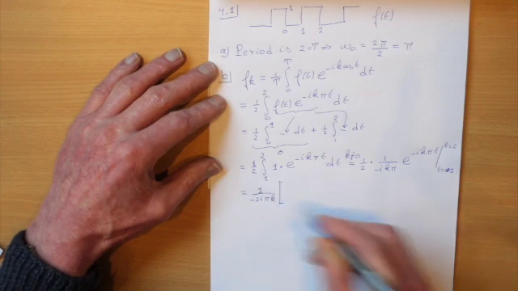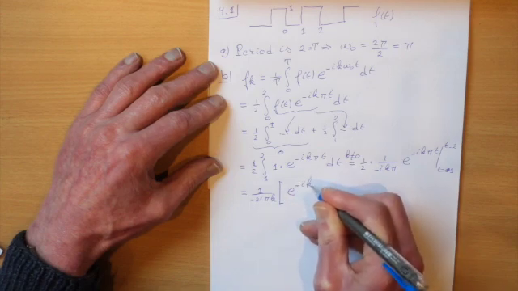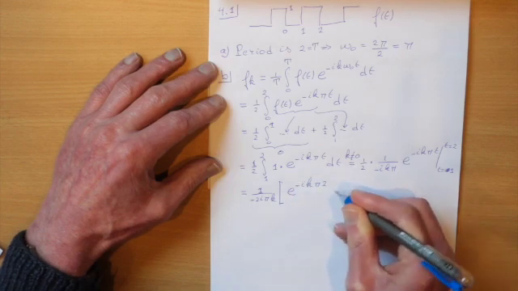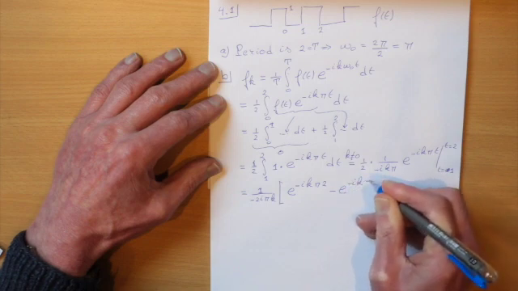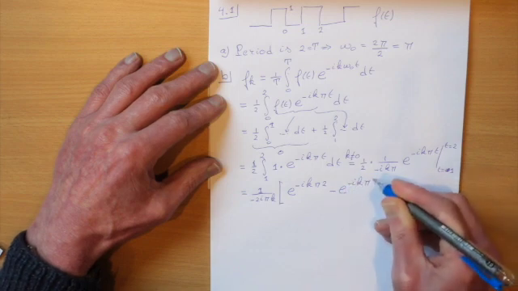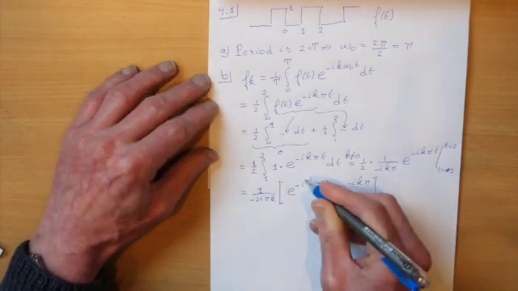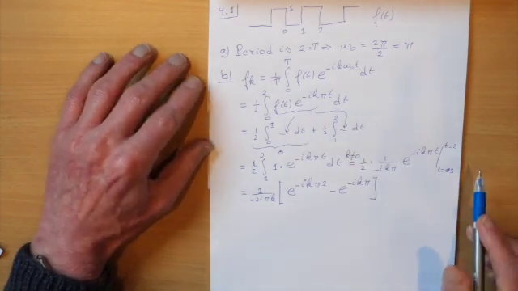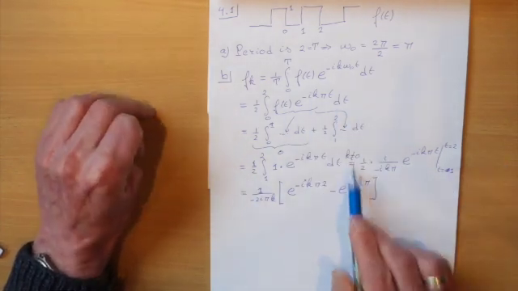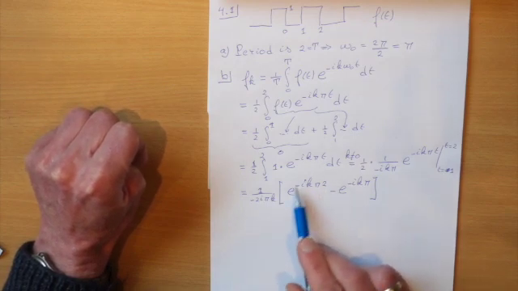Plug it in: e to the power minus i k pi 2 minus e to the power minus i k pi 1. So here I have calculated the integral for all k except k is 0.